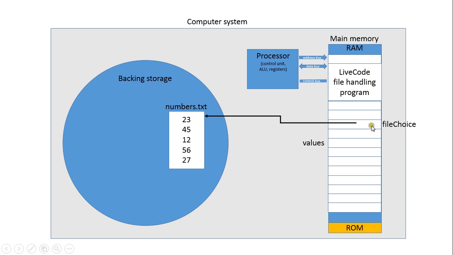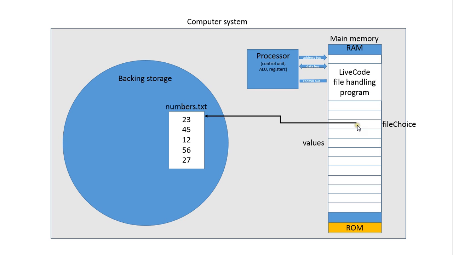So having assigned the address of this external file to file choice, the next thing I need to do is to open the file, and you can either open it for reading the data in or for writing data back out again. So for now, I'm going to open it for reading.